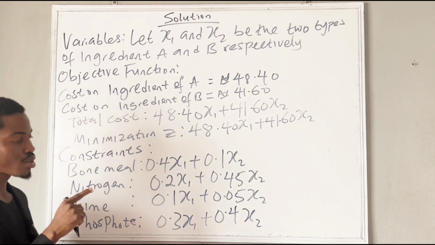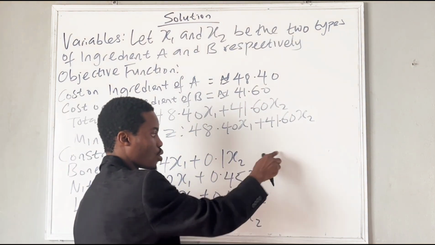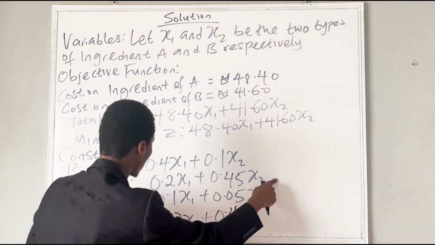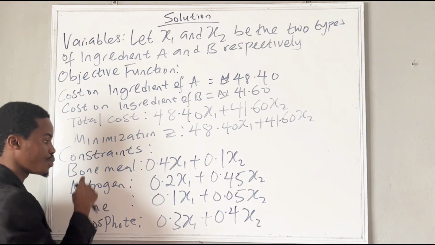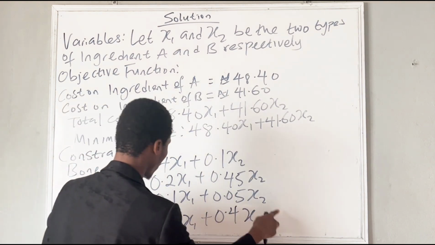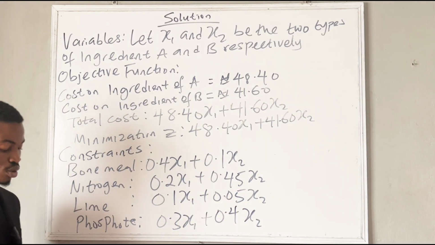Remember that in the constraint we are dealing with cost. It means we are going to have greater than or equal to the percent of bone meal we have been given, greater than or equal to the percent of nitrogen we have been given, greater than or equal to the percent of lime we have been given, greater than or equal to the percent of phosphate we have been given. So we now get our solution for this.